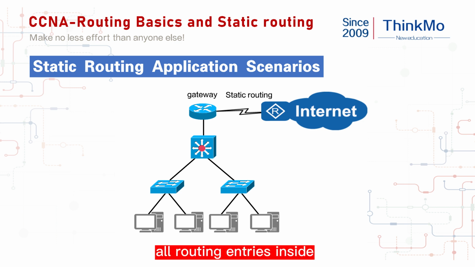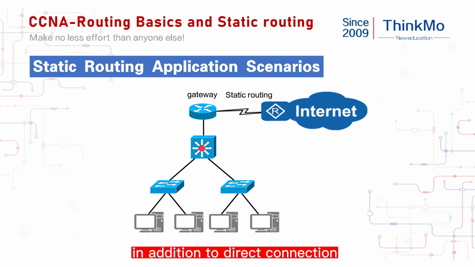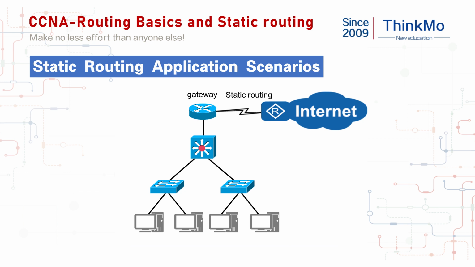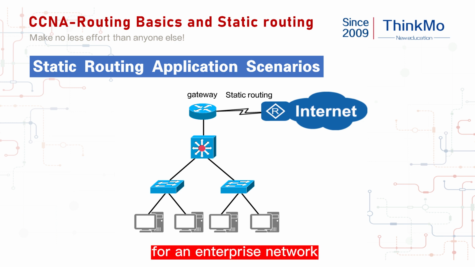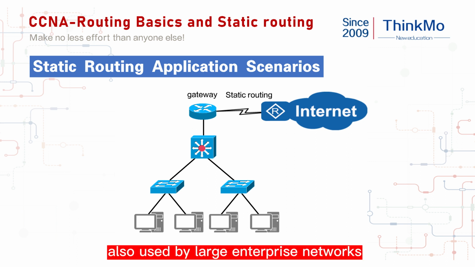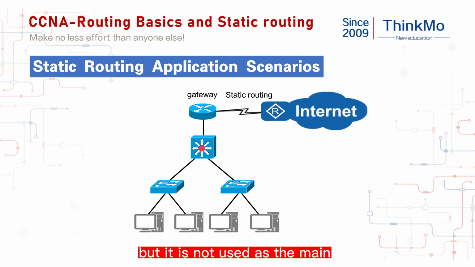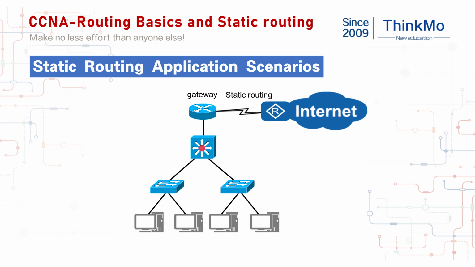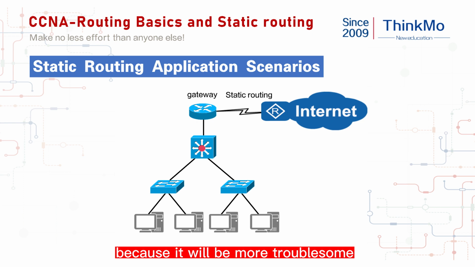All routing entries inside, in addition to direct connection, I typed them one by one. For a small enterprise network, static routing is in fact enough. It is also used by large enterprise networks, but not as the main method, because it is more troublesome.